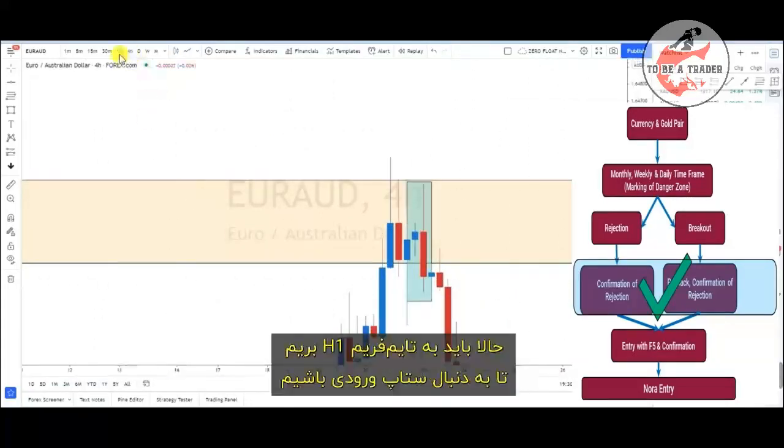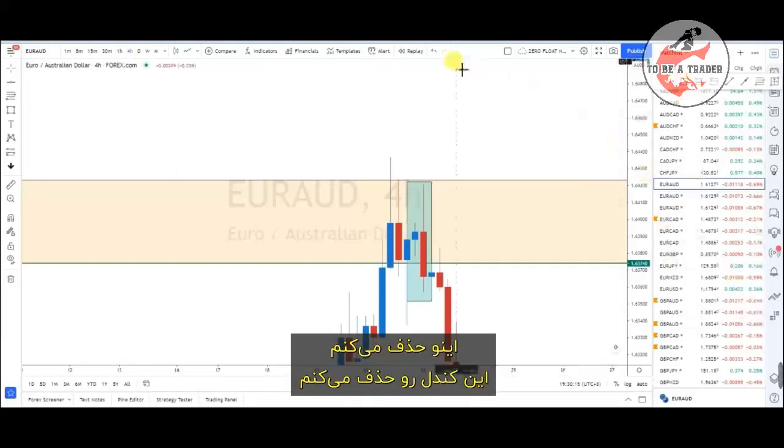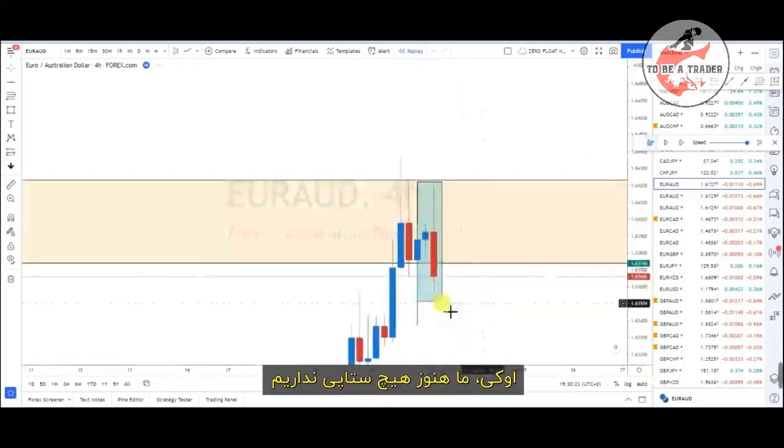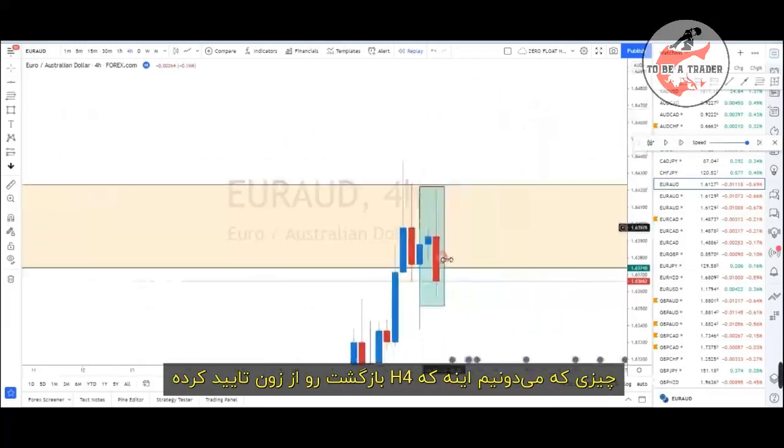So on the H4, we have the confirmation of rejection. What we should do next is go to the H1 time frame and below to look for an entry setup. Let me remove this candlestick. Okay, we don't have any setup yet. What we know is that the H4 has confirmed rejection from the zone.